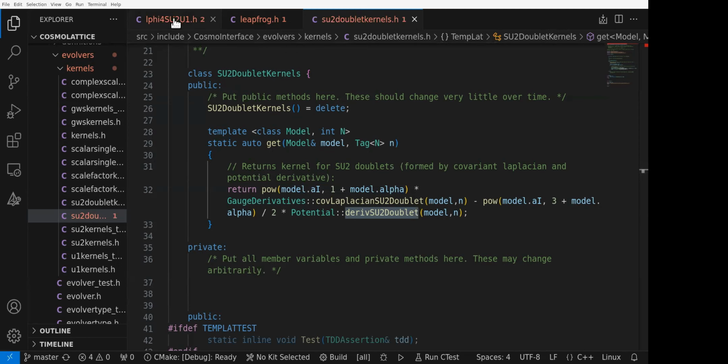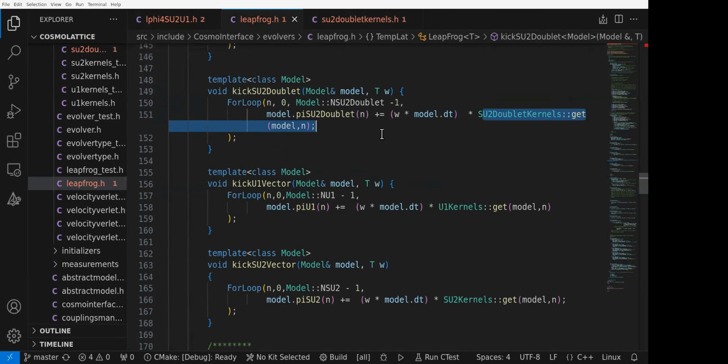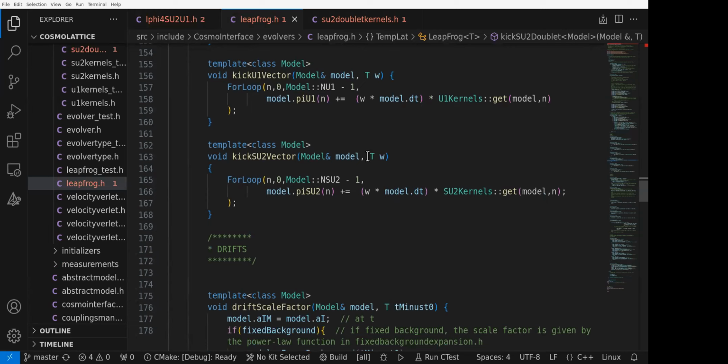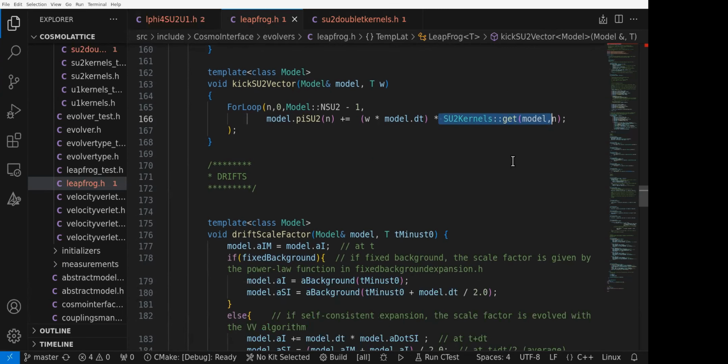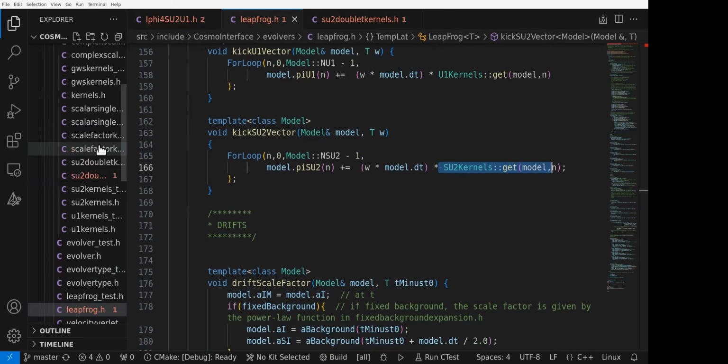I am not going to go through all the kernels one by one because this is going to be a little bit boring. We can still look at the kernel for the SU2 vector, and then I can maybe show you inside the function of this kernel also.